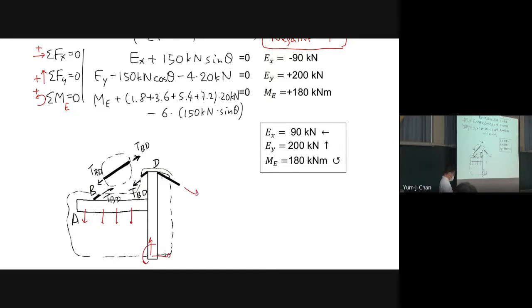And because we have the free body, the boundary of the free body is here. So this part of the cable will pull the structure in this direction. We have TBD here, right? And this part of the cable will also have a force acting on point B, and the TBD is here. And if we consider this part of the cable, of course, these two forces are the same, right? By action and reaction, we have forces like here. Is that correct?